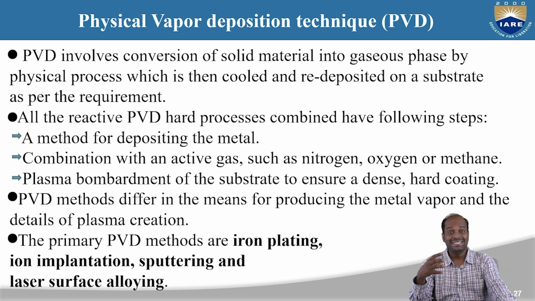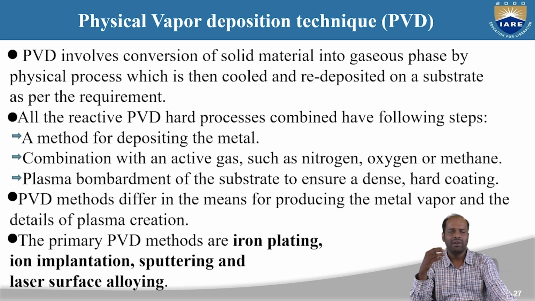DC sputtering is very useful for all kinds of metal deposition. And if you combine it with active gases such as nitrogen, oxygen, and methane passed into the vacuum chamber, then plasma bombardment of the substrate ensures a dense, hard coating.